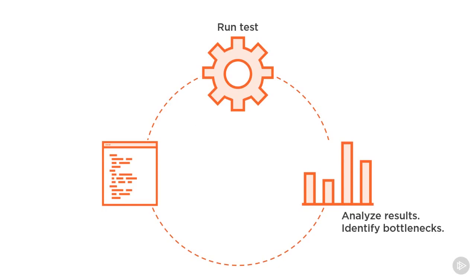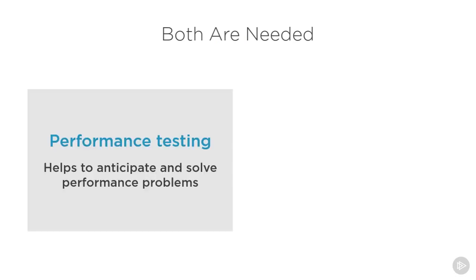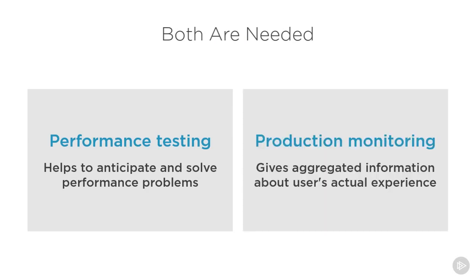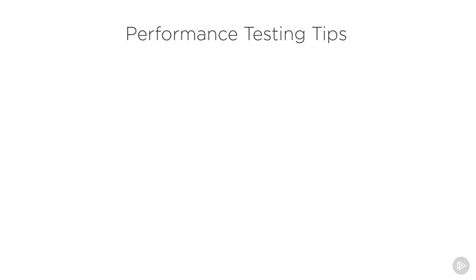A test is run, the results are analyzed, some bottlenecks are identified, code or configuration changes are made, and the test is repeated to verify the effects of the change and to identify further tuning opportunities. Both performance testing and production monitoring are useful and needed. Performance testing helps you anticipate and solve performance problems, while production monitoring gives you aggregated information about your users' actual experience with your app or system.